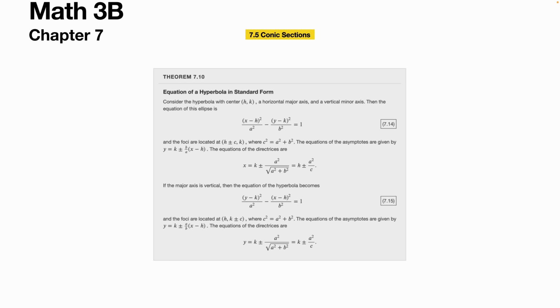Now, the A, B, and C for the ellipse satisfy a funny equation, but for a hyperbola, the A, B, and C satisfy what looks like a familiar equation, the Pythagorean theorem: a squared plus b squared equals c squared.